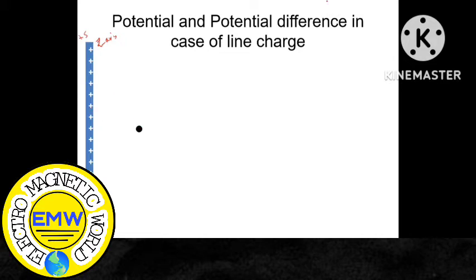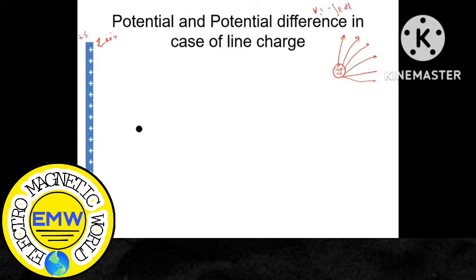Because as you know, when we have a charge distribution, electrical field lines are created from it, and we have calculated the formula for the potential difference, that V is equal to minus the integral of E dot dl.